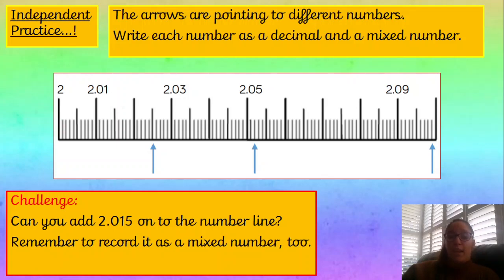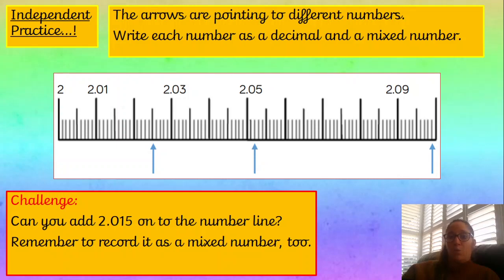As an additional challenge, can you add 2.015 onto the number line as a decimal and a mixed number? So you can draw the arrow for that and then write the mixed number as the decimal's already there. So pause the video whilst you do that. Think really carefully about these answers.